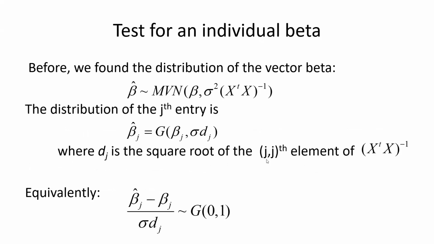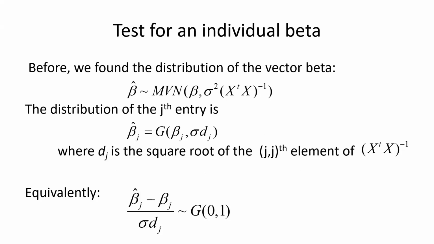Now, individual betas. We had seen that beta hat is distributed multivariate normal with mean beta, and this is the variance, sigma squared times the inverse of this matrix. Often, we just make an inference about one particular value of beta, not the whole vector at the same time.